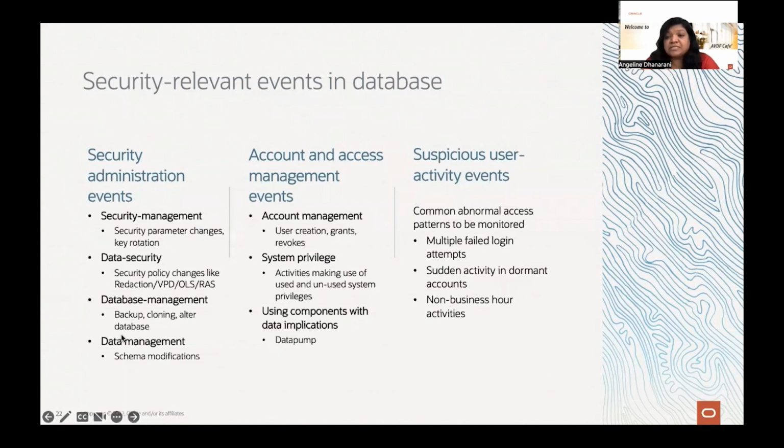Any of the database management operations like your backup, cloning, alter database, all those admin operations need to be tracked. Any of the schema modifications or any of the account and access management like user account creation, grants, revokes, your system privilege usage, or any kind of operations with data implications like your data pump export.